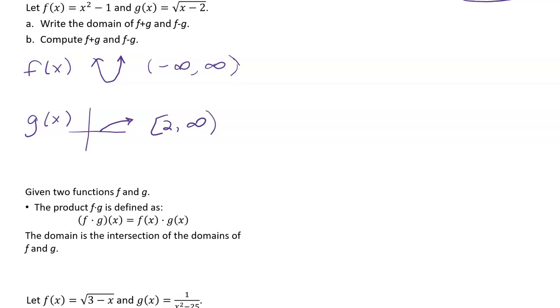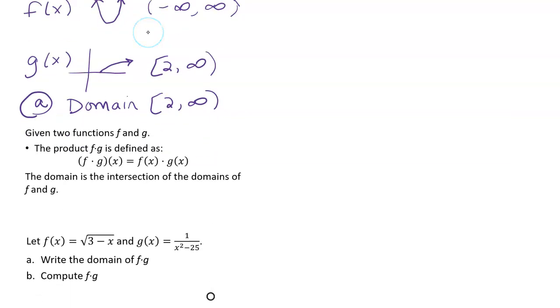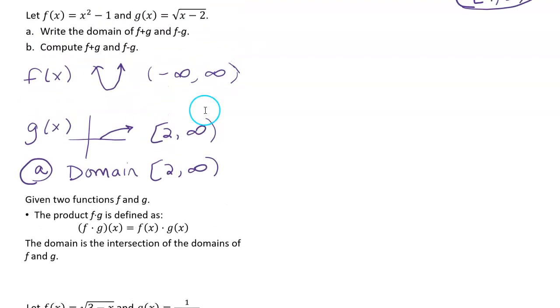So when I think about the overlap between these two functions, it's going to be this right here, bracket 2 to infinity. So for part A, my domain of the combined function is going to be bracket 2 to infinity. For both addition and subtraction, the domain works the same. You just find the intersection between the domain of f and g.